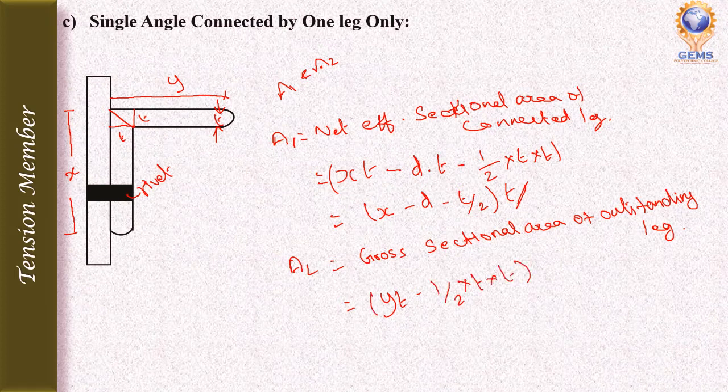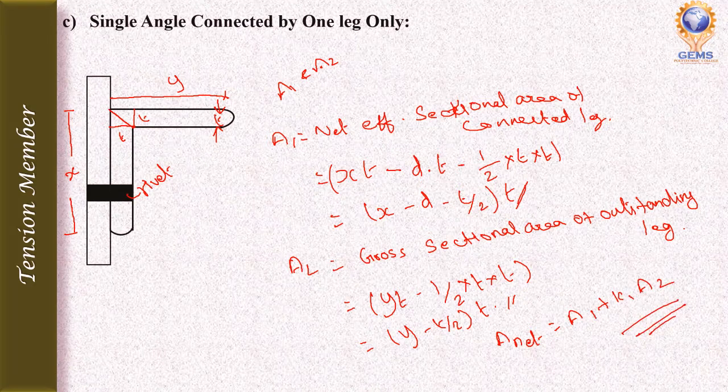If you simplify, taking t as common, it is y minus t by 2 into t. So A1 and A2 we know. If you substitute them in the net sectional area, A1 plus K1 A2, we get the net sectional area of the single angle connected by one leg only.